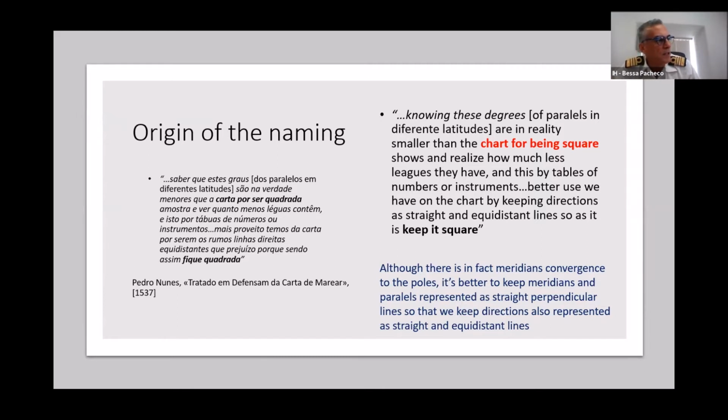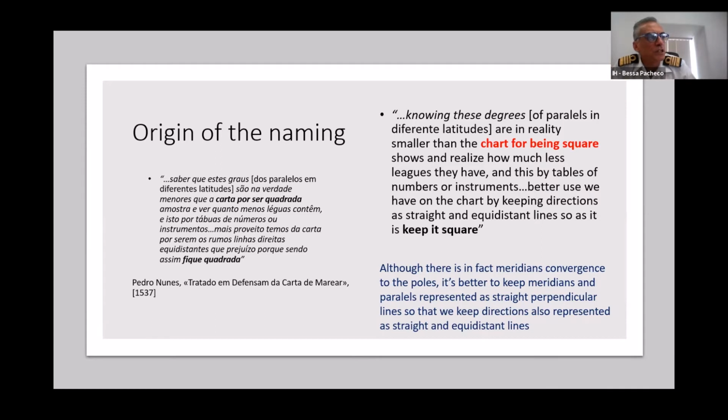And so Pedro Nunes explained at some point that, well, these charts are good. You just have to know how they are made. And he called them, and I have the translation to English, that knowing these degrees of parallels at different latitudes are in reality smaller than the chart, for being square. That's where it got its name.